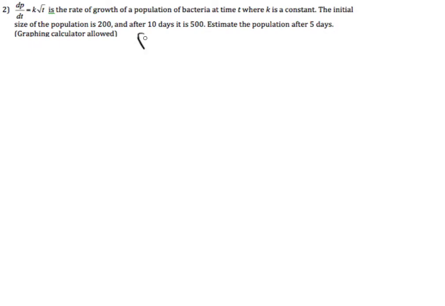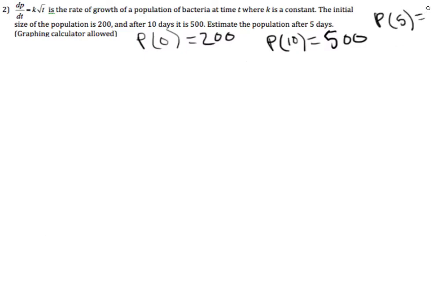Again, that's a fancy way of saying P(0) equals 200. And after 10 days, so P(10) equals 500 is the size of the population at that time. And it wants us to find P(5), estimate the population after 5 days.